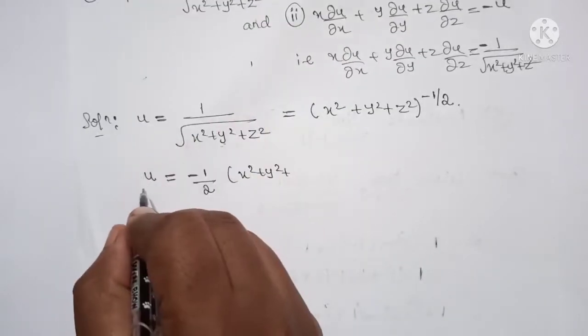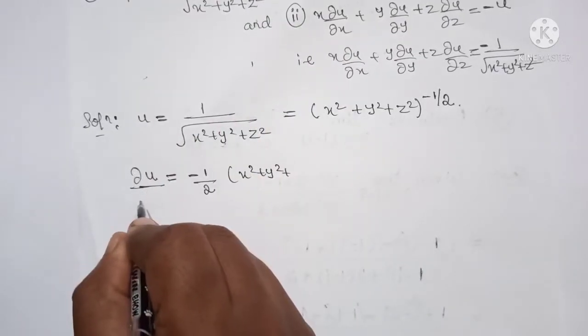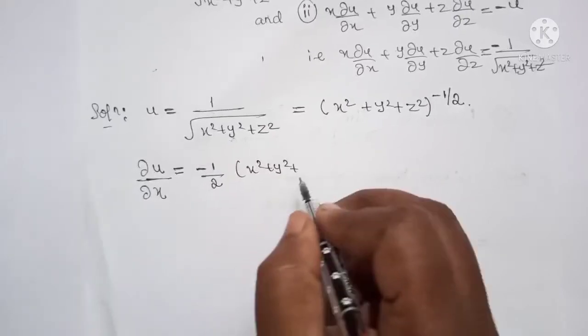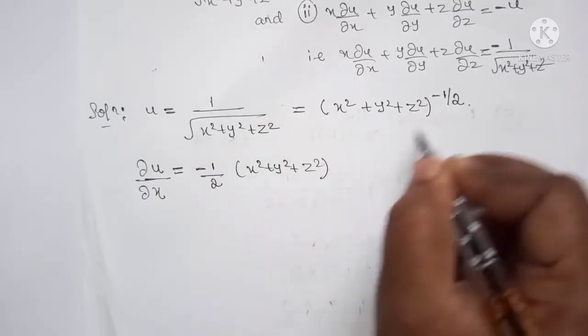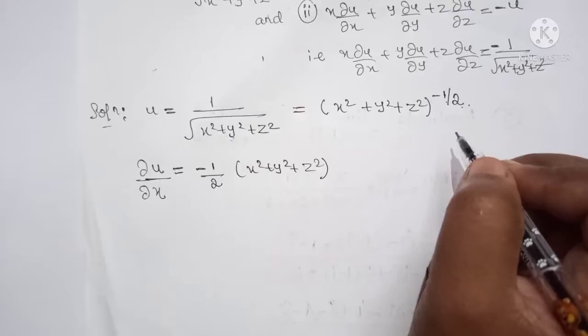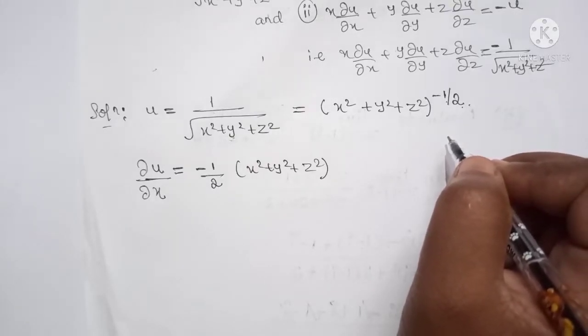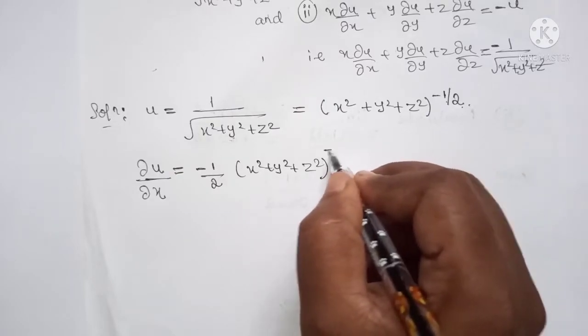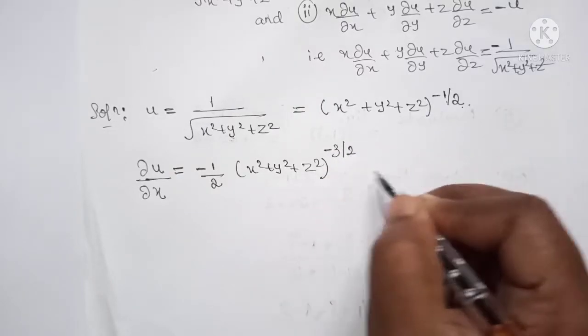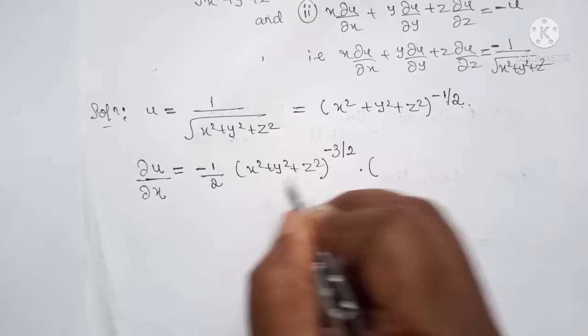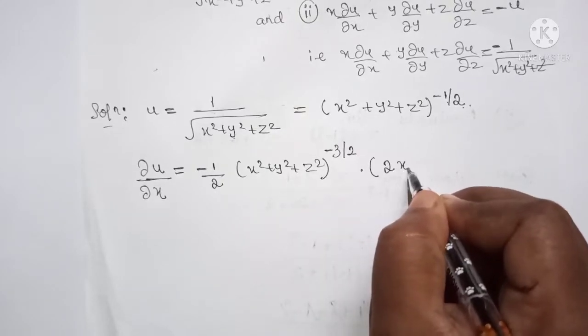We are partially differentiating this with respect to x: dou u by dou x equals minus 1 by 2 into (x square plus y square plus z square) raised to minus 1 by 2 minus 1, which is minus 3 by 2, into the partial derivative of x square, which is 2x.